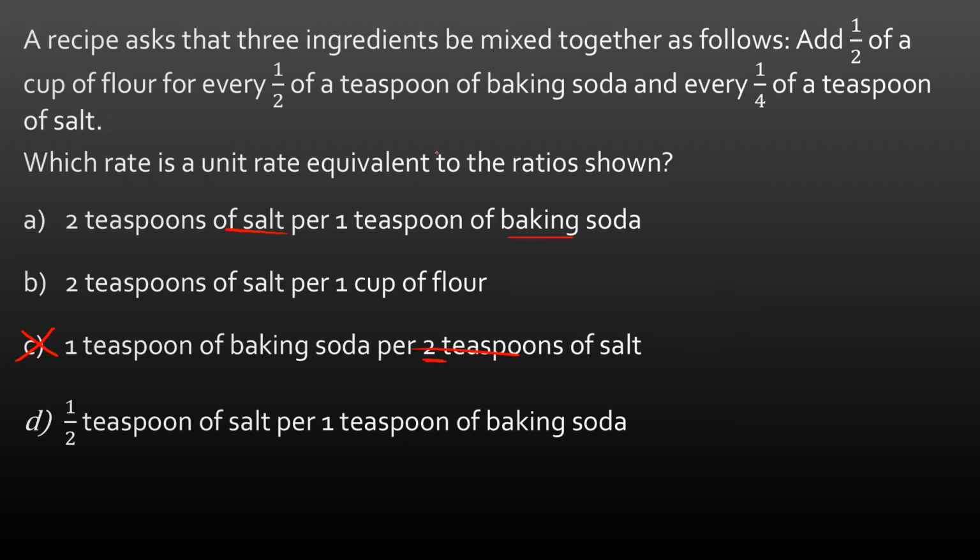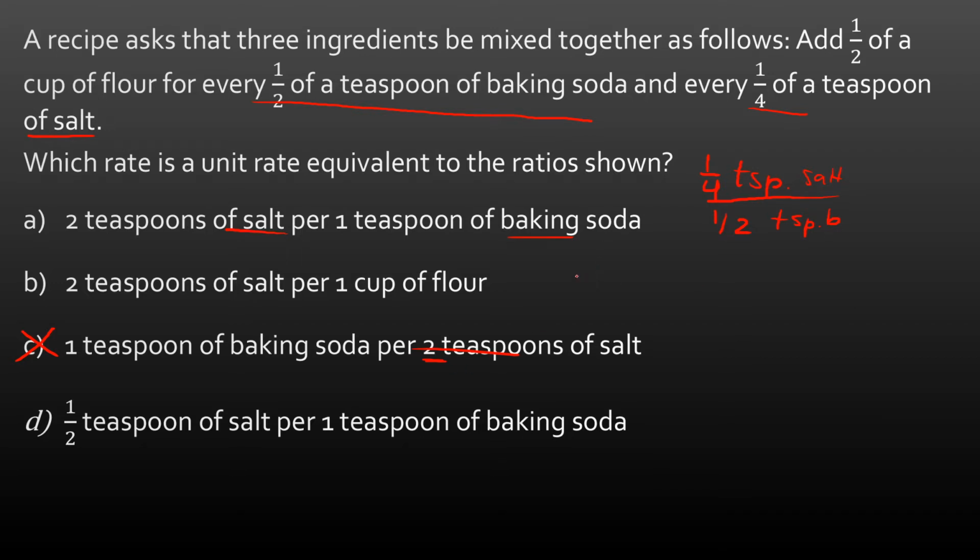So I'm going to look up at my problem and see where it's talking about salt and where it's talking about baking soda. Okay, salt comes first, so I'm going to put 1/4 of a teaspoon of salt over 1/2 of a teaspoon of baking soda.